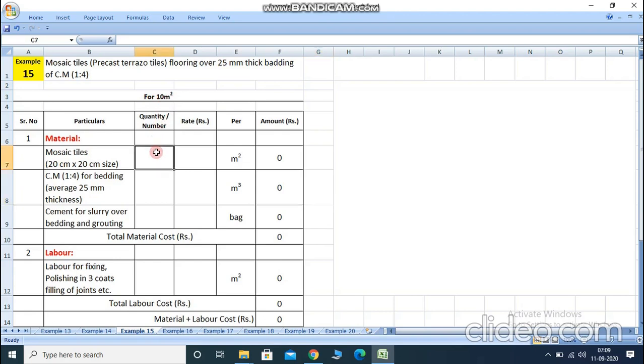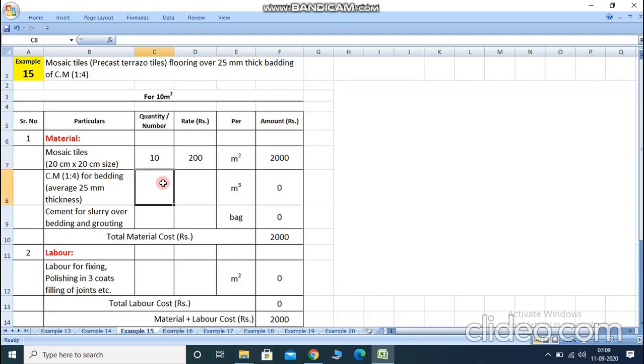So the quantity we write here is 10 meter square. Then the rate is 200 rupees per meter square. So the mosaic tiles cost is 10 multiplied by 200, which is 2000 rupees. Then cement mortar of 25 millimeter thickness.